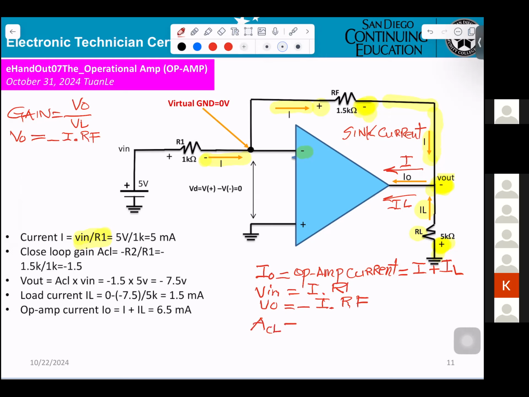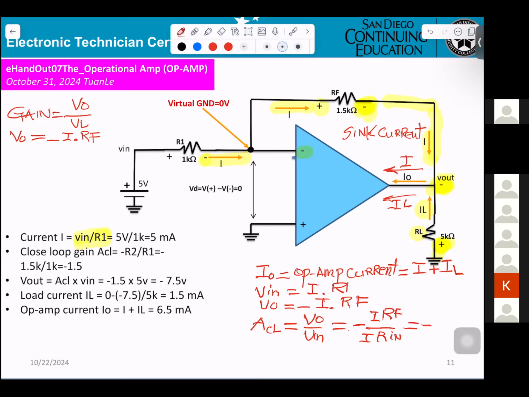So the gain, ACL, the closed loop gain, is the difference between Vout and Vin. So it will be minus I RF divided by I times Rin.